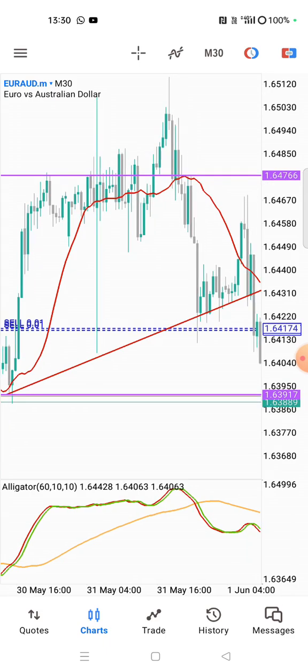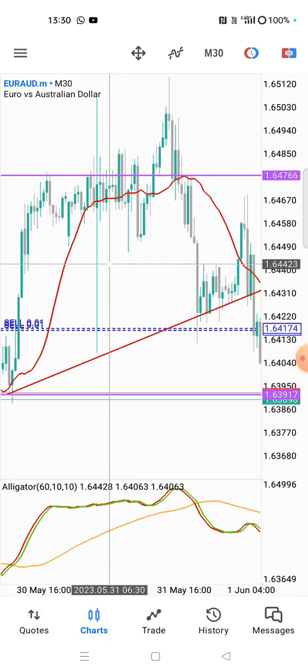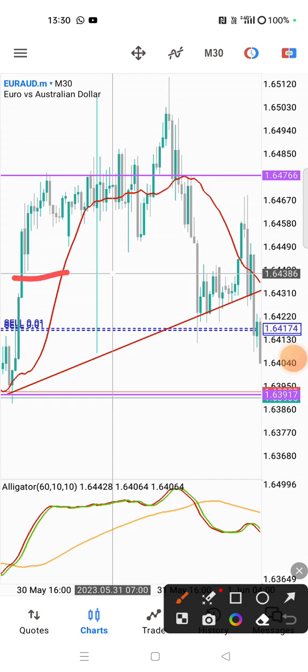Is there any supply and demand broken? Okay, from the M30 here, you can see, let me draw a line here. Here's an SND, so-called break of structure, BOS.